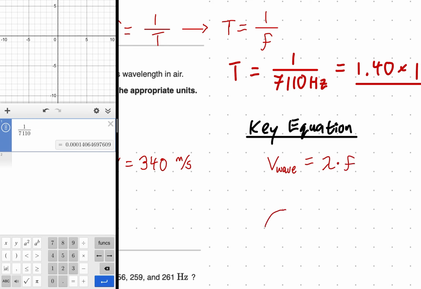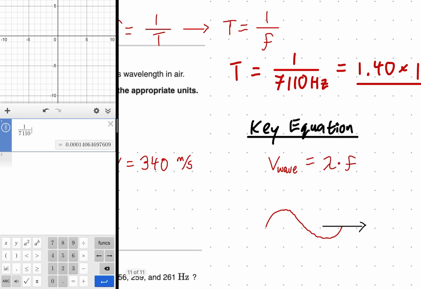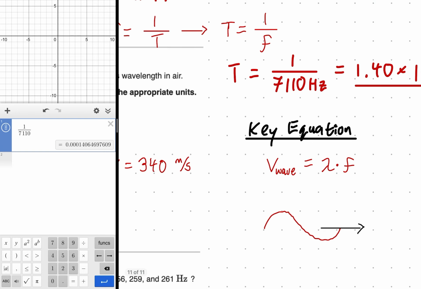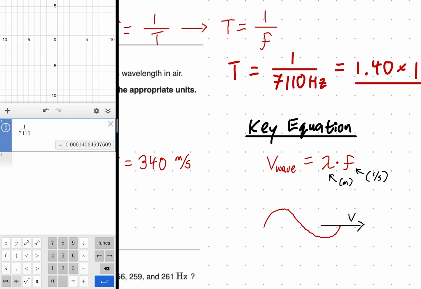So it's how long your wave is and how fast it's moving. If you took how fast it's moving and divided by its frequency, you would get its wavelength. Or if you think of it as moving one wavelength worth of distance per that frequency, that's your speed. So it covers one full wavelength in this amount of time, because the wavelength has units of meters and frequency is hertz, which is also 1 over seconds. So we see it becomes meters per second. All right, this would be your velocity.